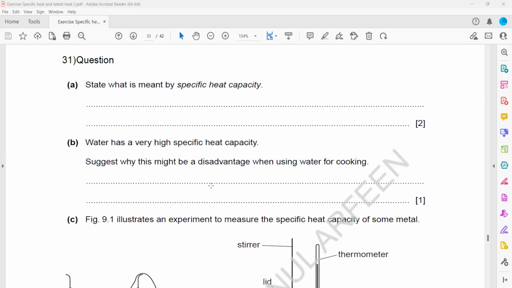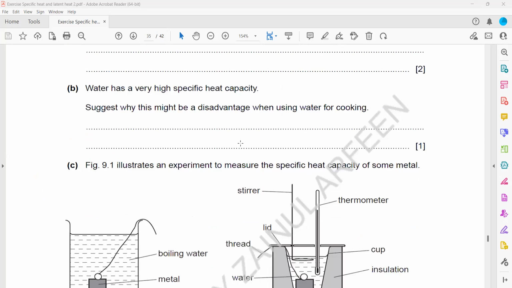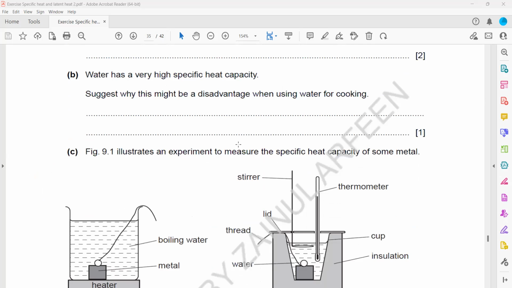Question 31: you have to learn the definition. Specific heat capacity is the amount of energy required to change the temperature of a given mass by 1 degree. Water has a very high specific heat capacity. Suggest why it might be a disadvantage when using water for cooking. If a substance has a very high specific heat capacity, we need too much energy to change its temperature.